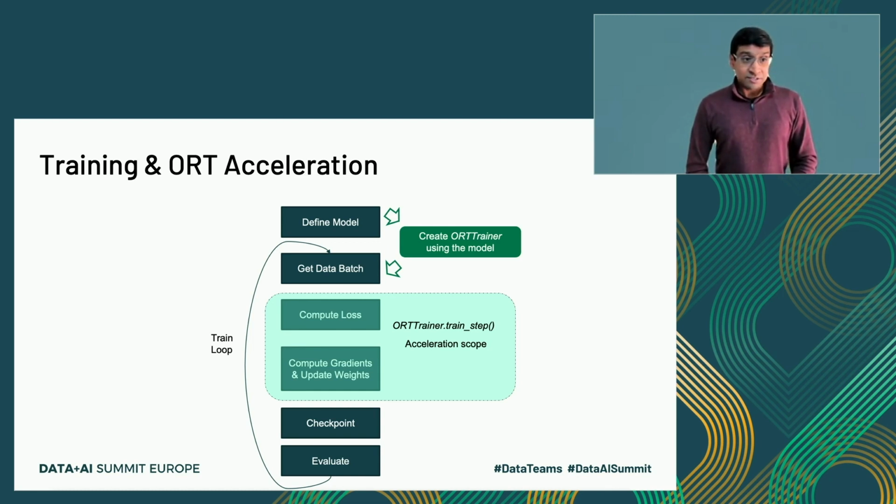ORT trainer's train_step method encapsulates optimized computation of loss and gradients and weight updates. This is where the ORT acceleration happens, and that is shown here in the slide in the light green box. The rest of the implementation does not change and still leverages the original framework's API represented in dark green boxes in the slide.